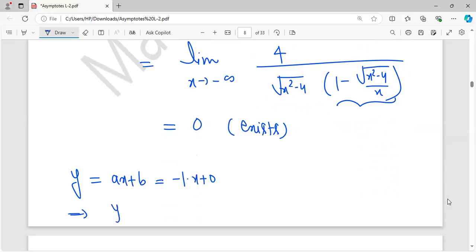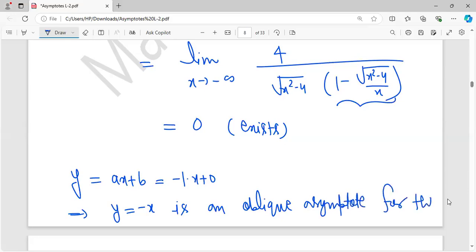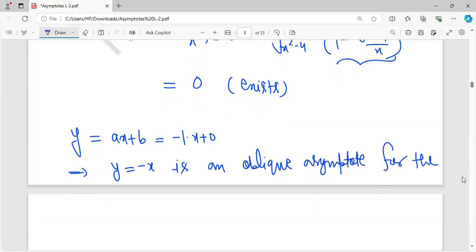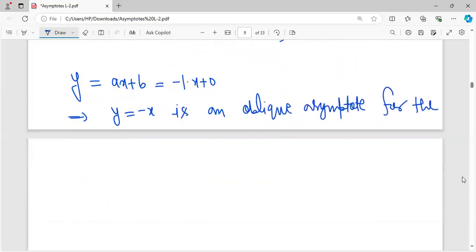So this implies y is equal to minus x and oblique asymptote for the given curve.